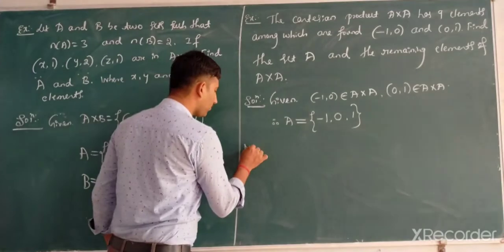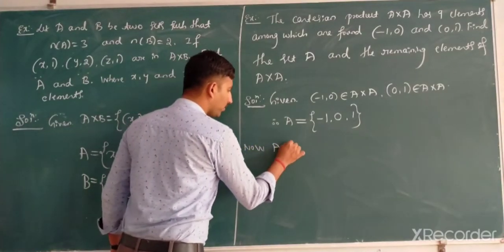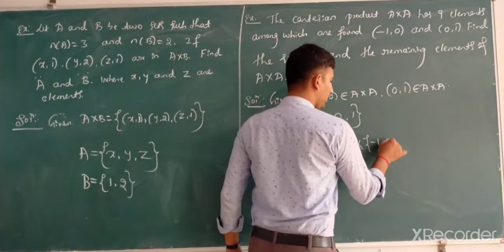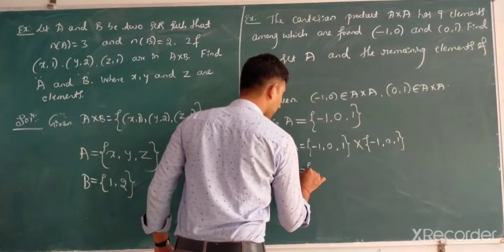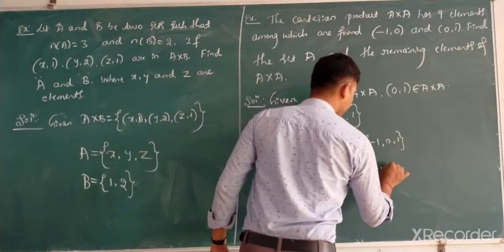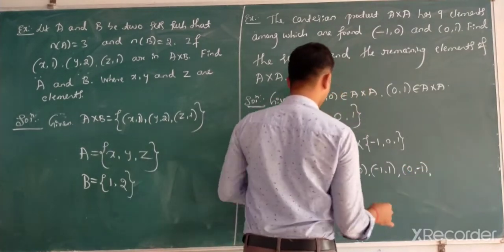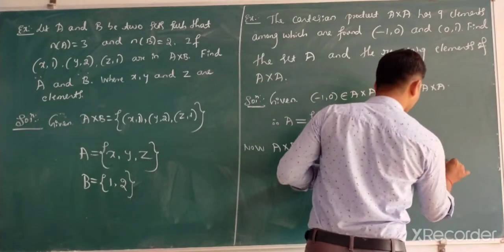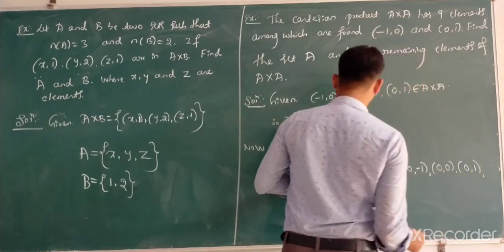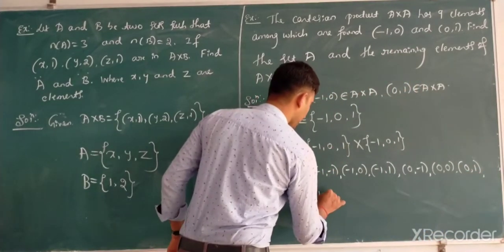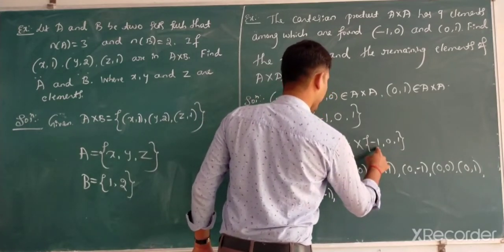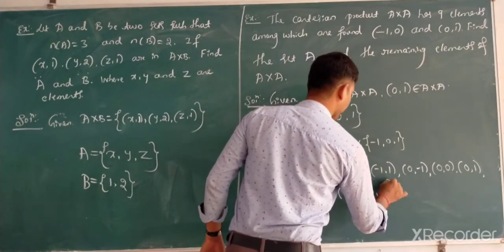Now A cross A is equal to {-1, 0, 1} cross {-1, 0, 1}, which is nothing but (-1, -1), (-1, 0), (-1, 1), (0, -1), (0, 0), (0, 1), after that (1, -1), (1, 0), (1, 1).